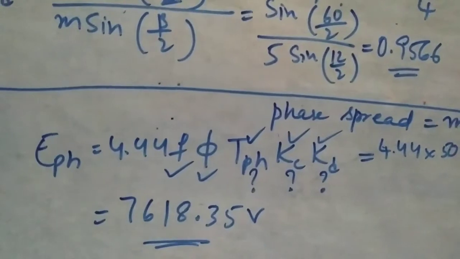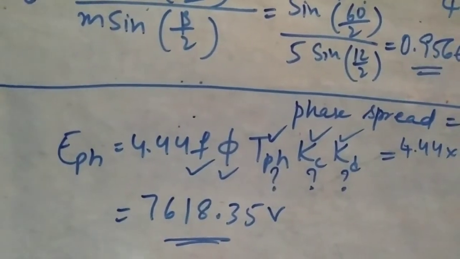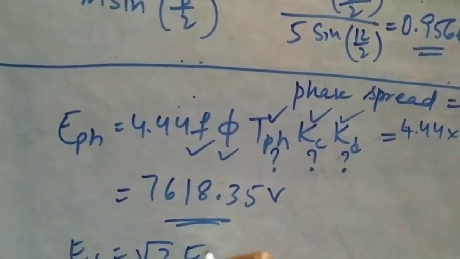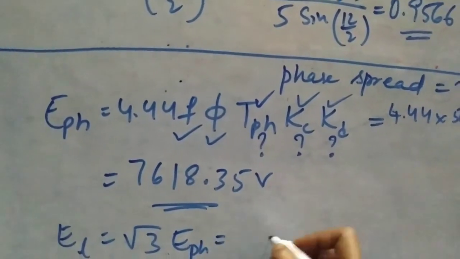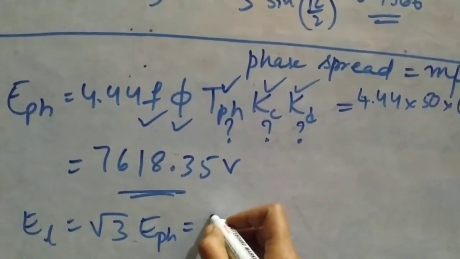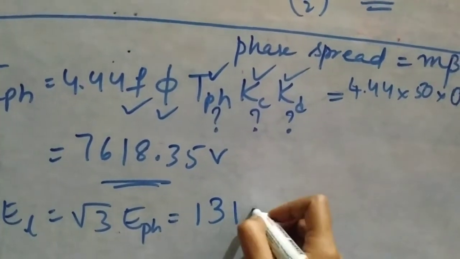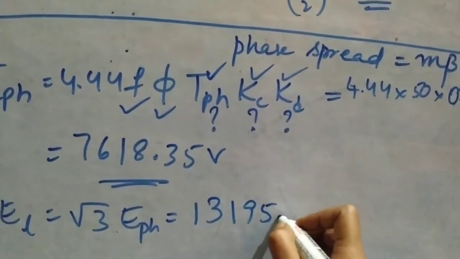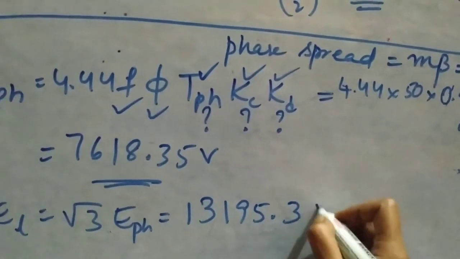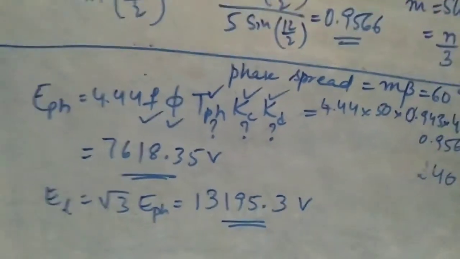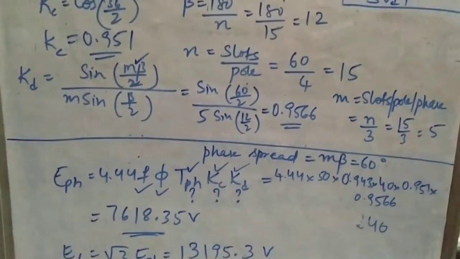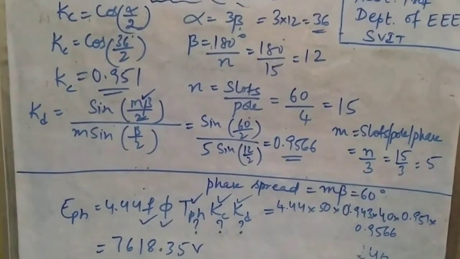So therefore, E line can be obtained. E line is equal to, as usual, what we did for all the previous sessions, root 3 times E phase. So when you do the multiplication with root 3, it results with 13,195.3 volts. Right? Fine.